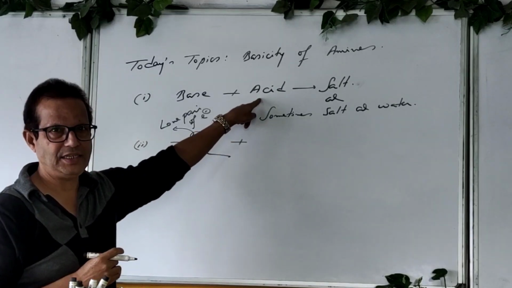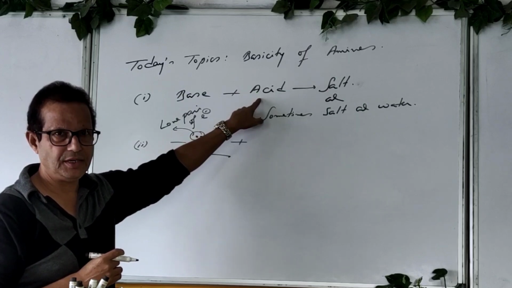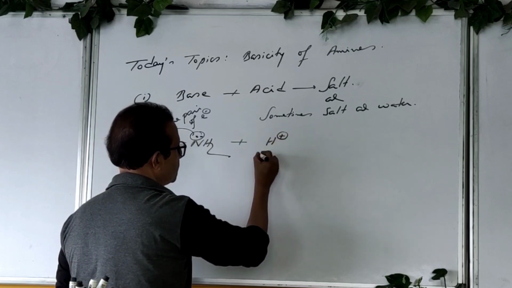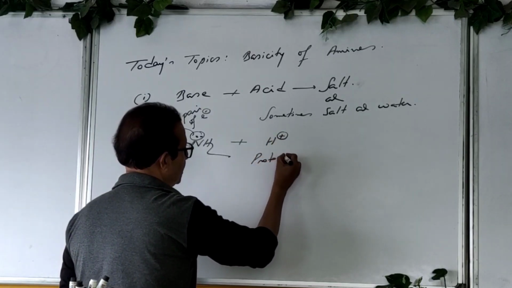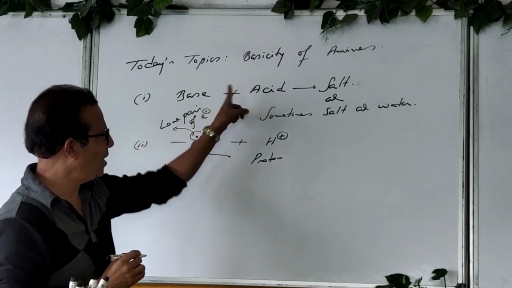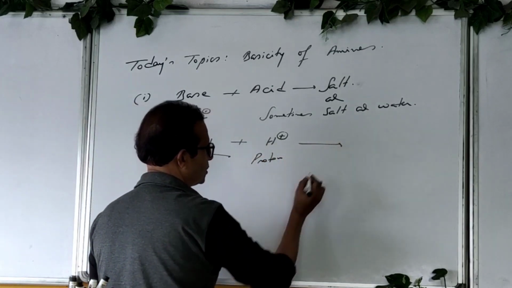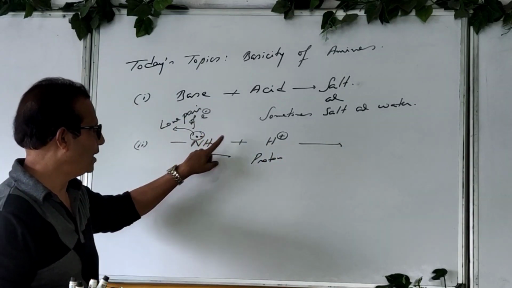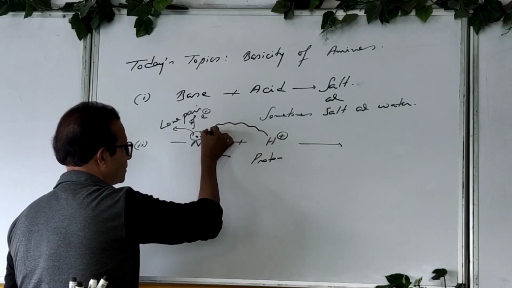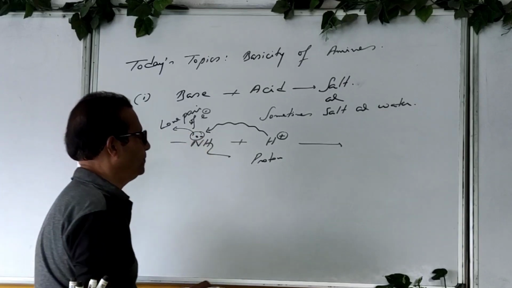Acid. You know that acids are the substances which in aqueous solution release H positive ion called proton. It comes from an acid. So this is the base, amines, and the acid releases a proton. What happens? The proton of the acid gets attached to the lone pair of electrons on the nitrogen atom.